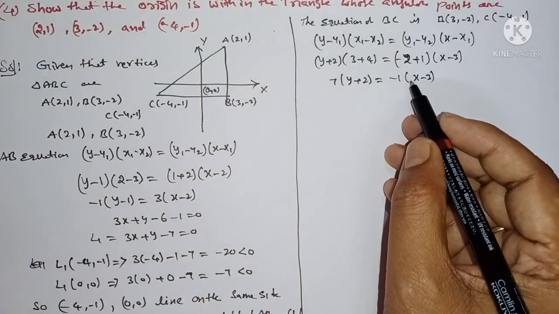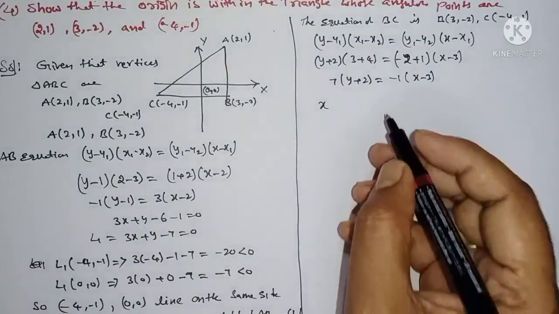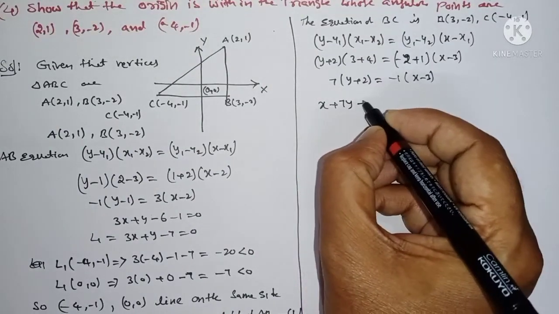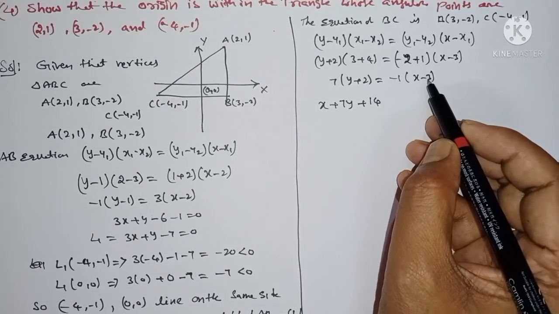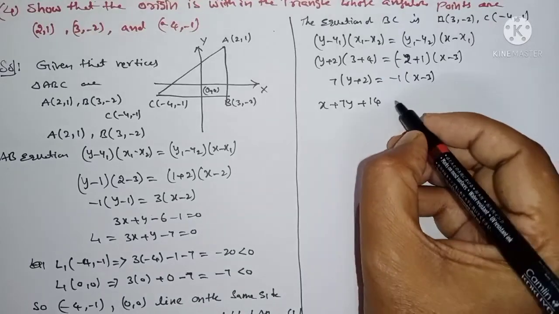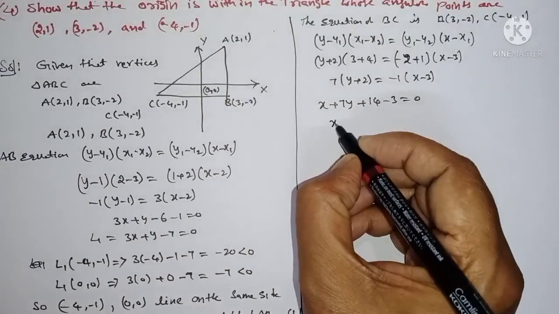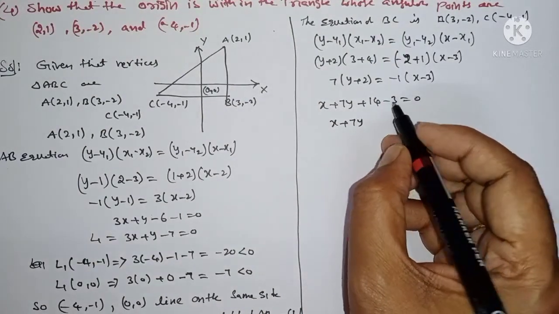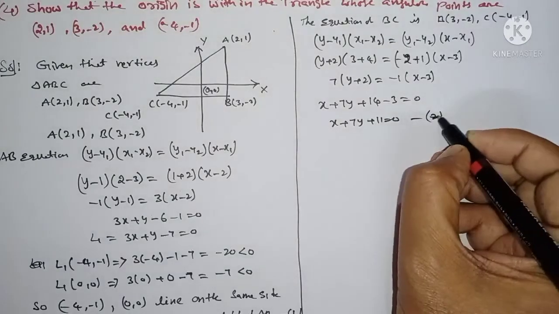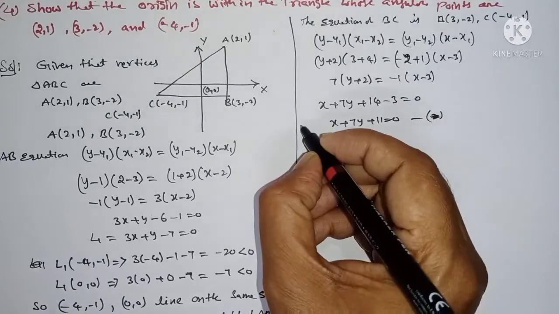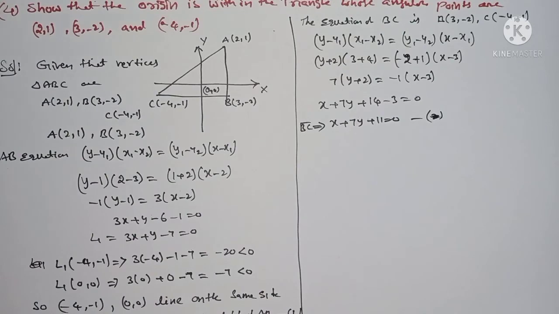Bring this side, you get plus x plus 7y plus 14 minus 3. You can simplify, you get x plus 7y plus 11 is equal to 0. This is the BC equation.